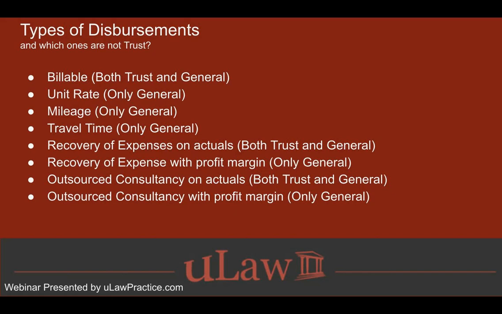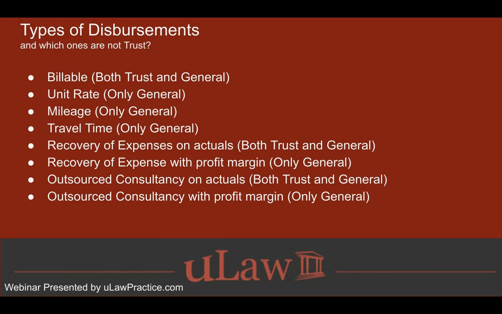For billable, let's say, for example, photocopies, they are mostly from general account. I'm taking an example of photocopies because I know many of us tend to charge this often to our clients because there's always photocopying involved in your work. So very simply, use only your general account for charging such disbursements.